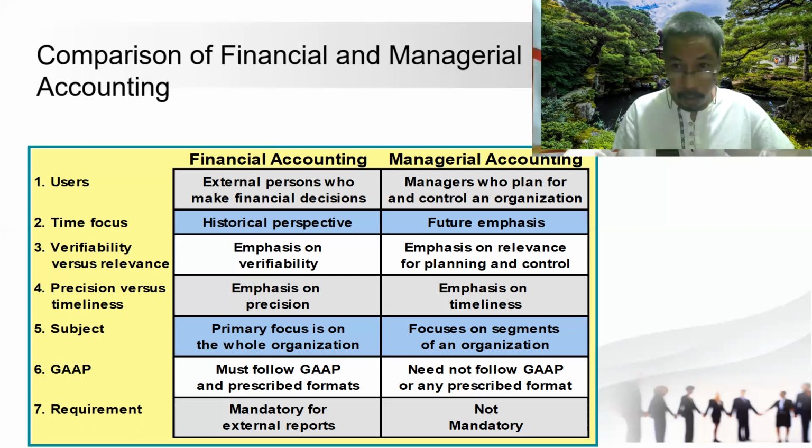Now we are talking of number 4, precision versus timeliness. Okay, we already know what is that precision. For financial accounting, it emphasizes precision in recording, because another external person that may use our financial accounting report is BIR.